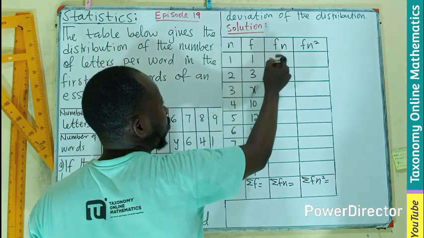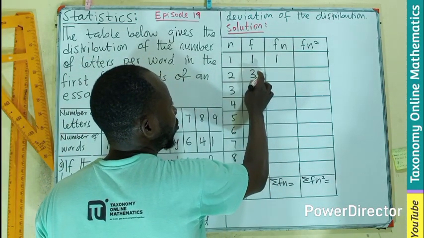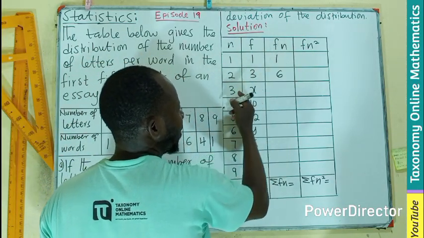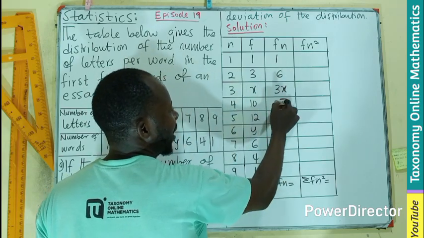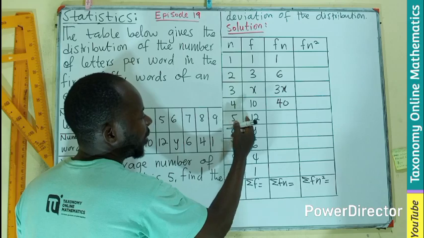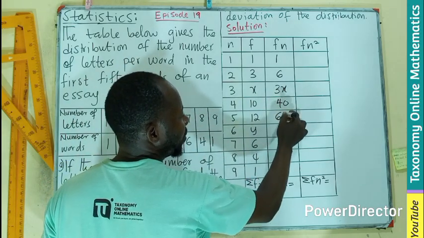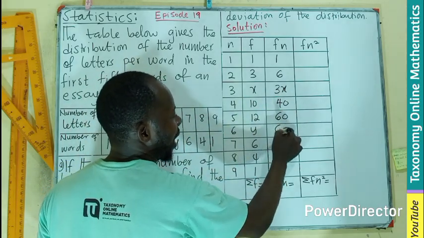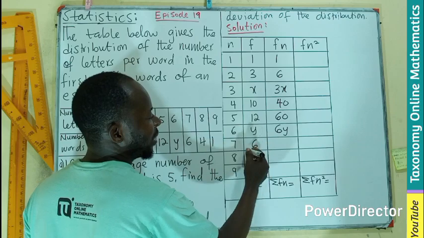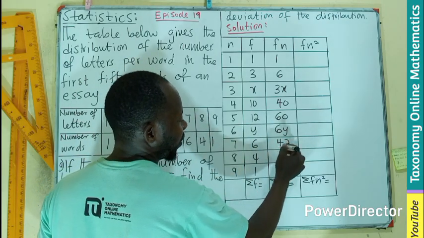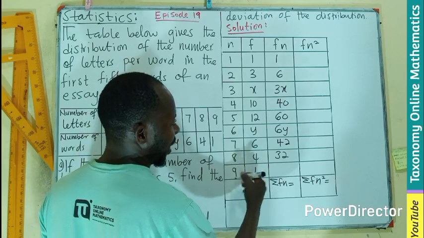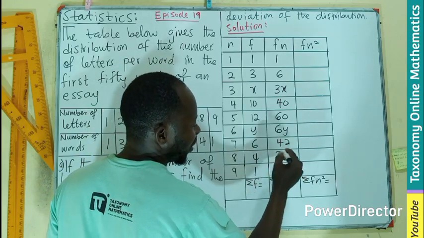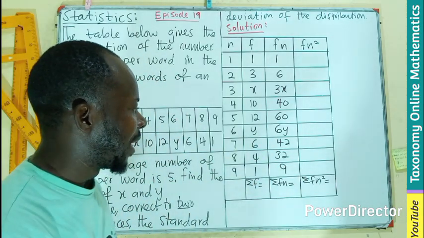So 1 times 1 will give us 1, 2 times 3 is 6, 3 times x will be 3x, 4 times 10 is 40, 5 times 12 should be 60, 6 times y is 6y, 7 times 6 is 42, 8 times 4 is 32, and 9 times 1 is 9.